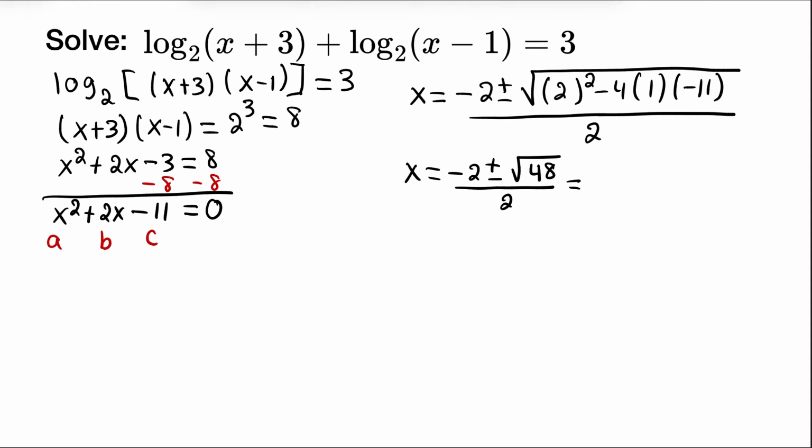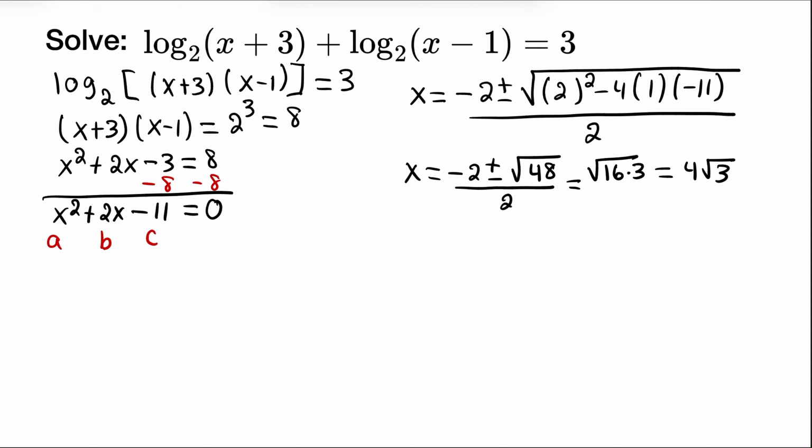And let's go ahead and simplify the root. So we have the square root of 48, which when simplified is the square root of 16 times 3. The square root of 16 is 4, so we're left with 4 root 3. Okay, so let's go ahead and rewrite this.